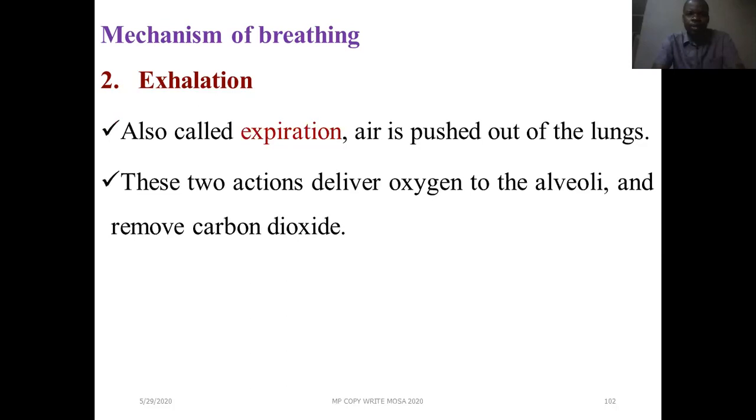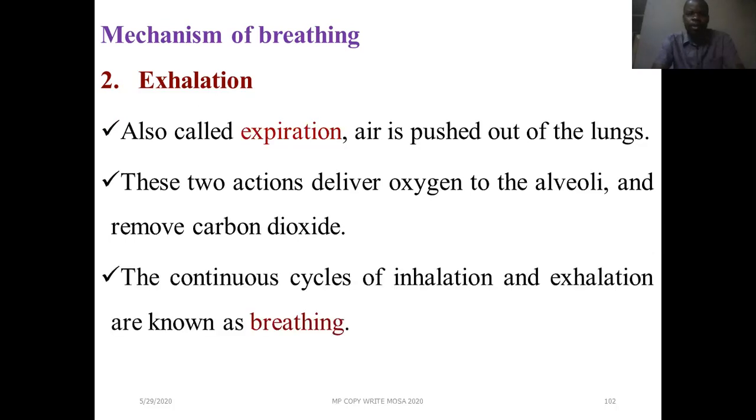So these two actions deliver oxygen to the alveoli and remove carbon dioxide. When we are breathing in, we bring oxygen to the lungs. When we are breathing out, we get rid of carbon dioxide from the lungs.